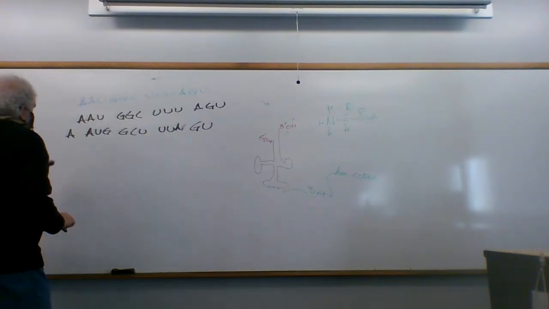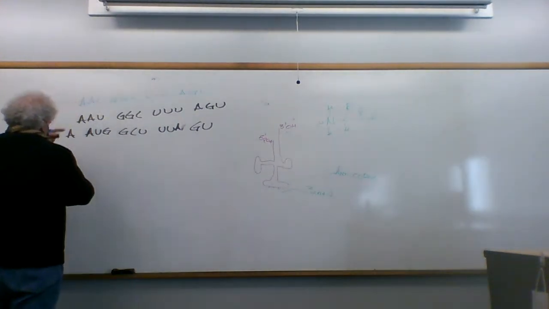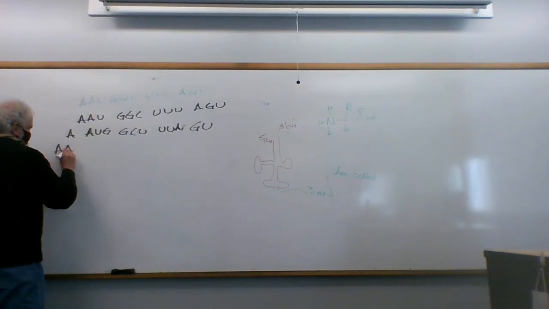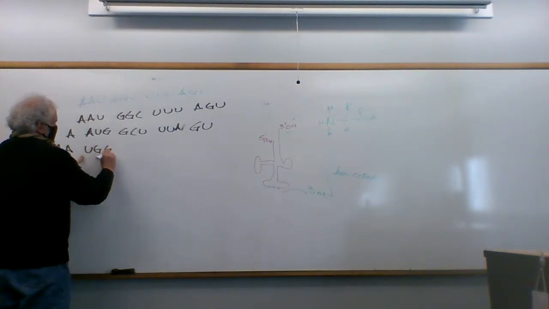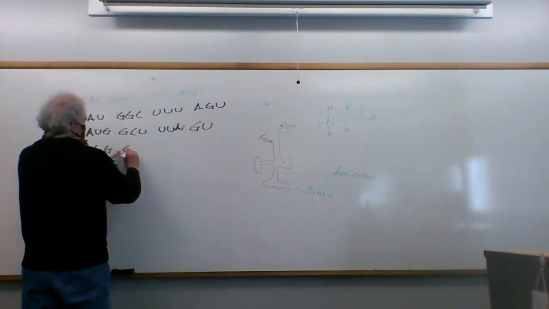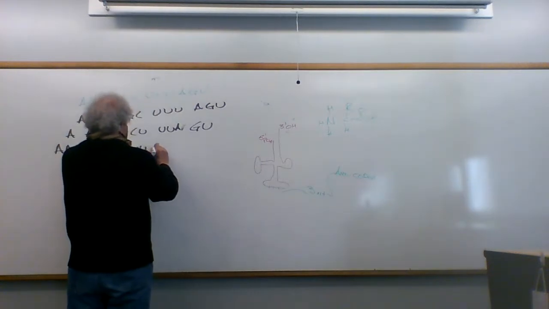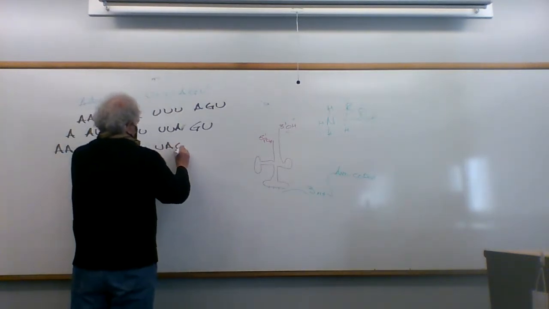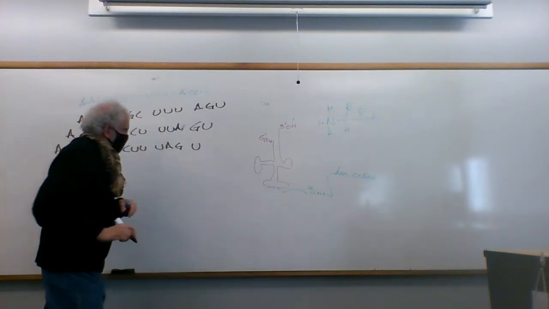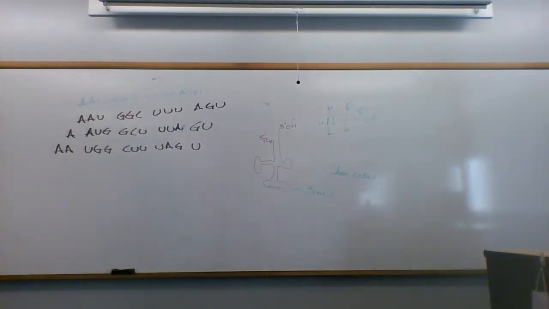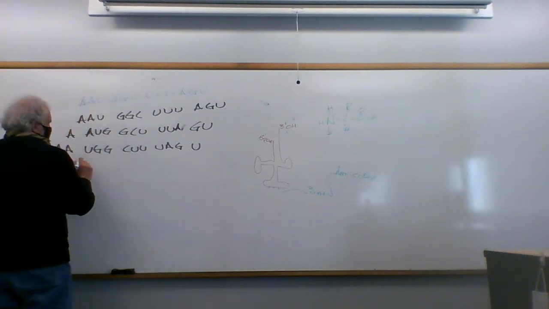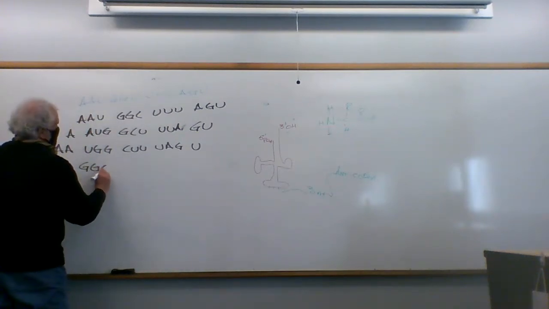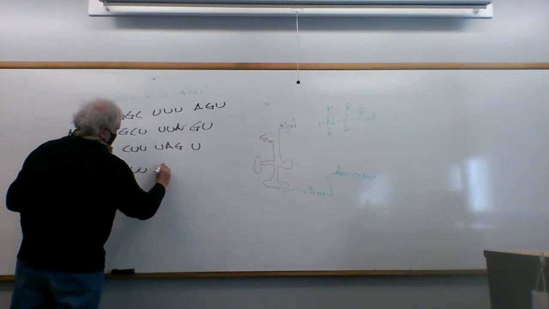Then we can have another reading frame where we start out like this with A. This is going to be the first base, and we have UGG, CUU, see you later, UAG, and U. And, all right, just to make sure, we can have another reading frame where we start here, and that would be GGC, UUU, AGU.